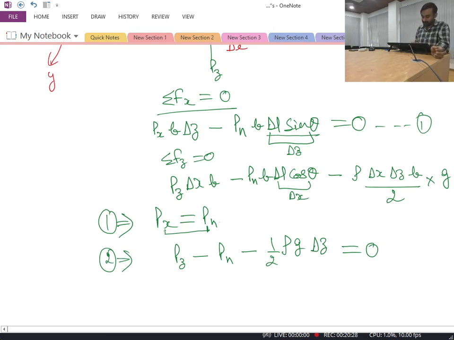On the contrary, in the vertical direction we find that Pz minus Pn has a component of rho g into delta z also, which comes because of the gravitational field acting in the z direction.